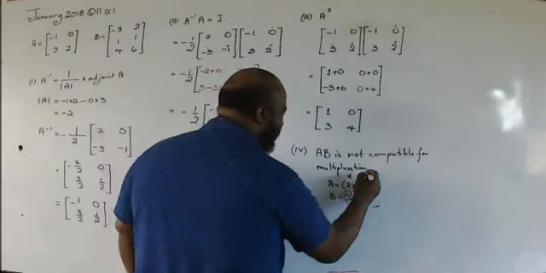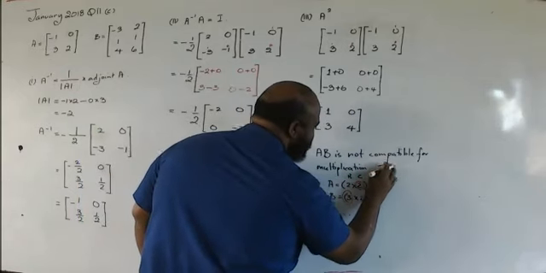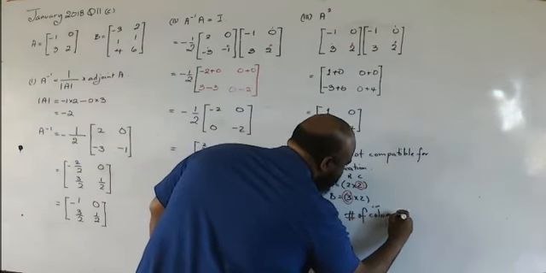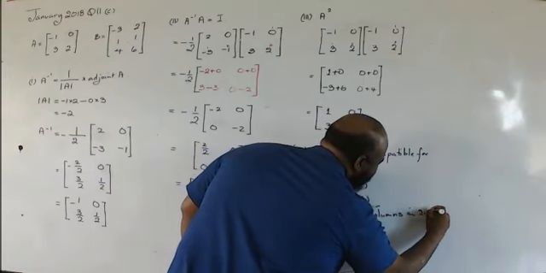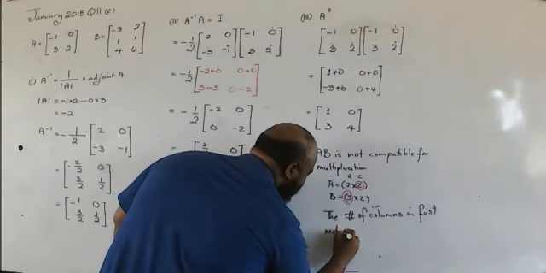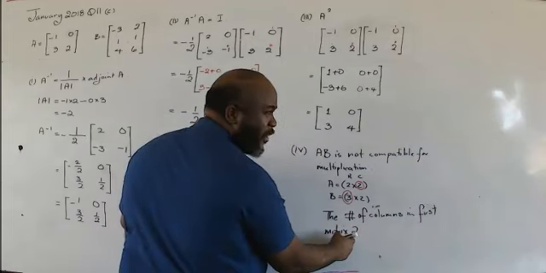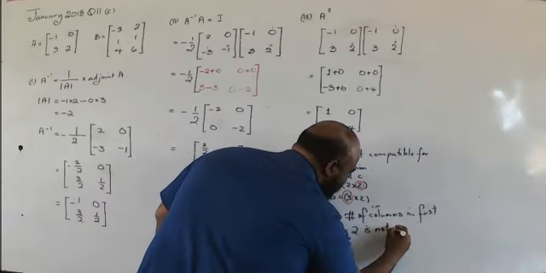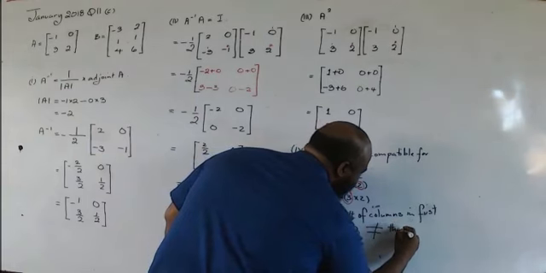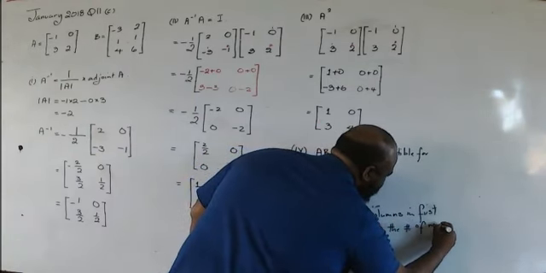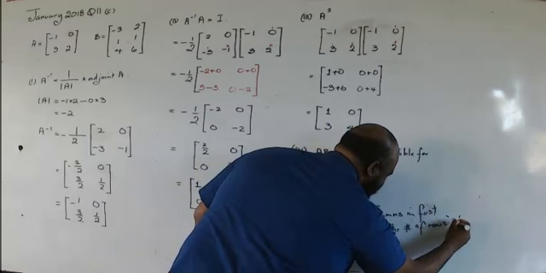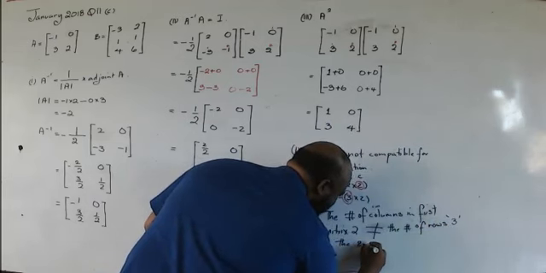So we can further say the number of columns in the first matrix, 2, is not equal to the number of rows in the second, 3.